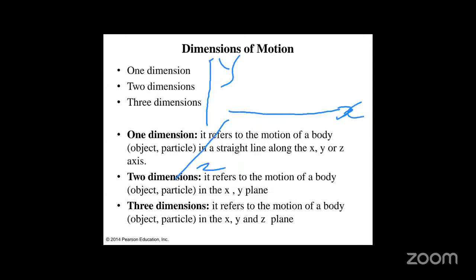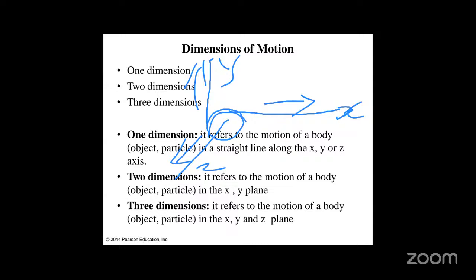So by one dimension, we mean that the object is either moving here, or is moving here, or is moving this way. It is not moving in the three axes at the same time. One axis, that is, it is moving straight, horizontally, or it is moving upward.